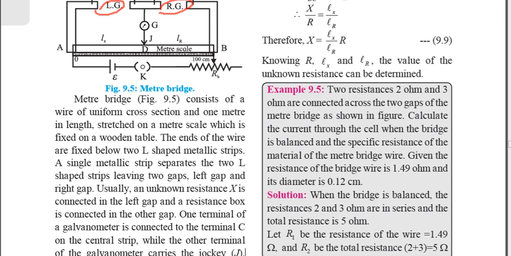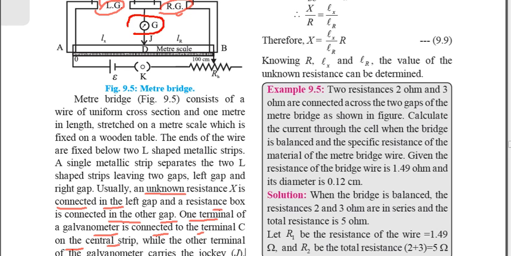In these left and right gaps, usually an unknown resistance X is connected in the left gap and a resistance box is connected in the other gap. Okay, so here in the left gap the unknown resistance X is connected, and in the right gap a resistance box is connected. One terminal of the galvanometer is connected to the terminal C on the centre strip.